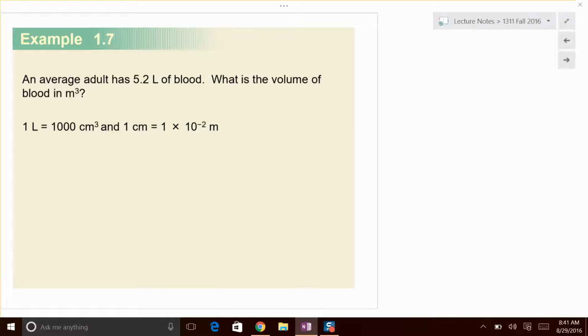Okay, fine. All right, so 5.2 liters of blood equals how many centimeters cubed?